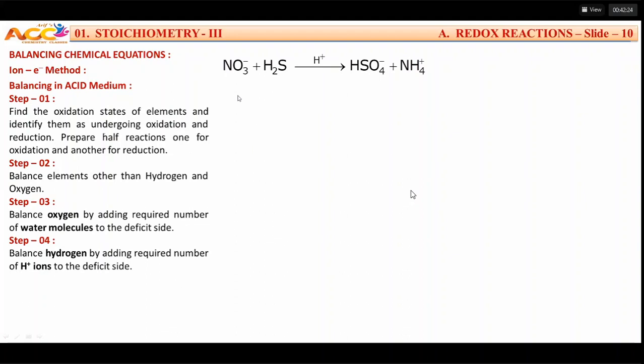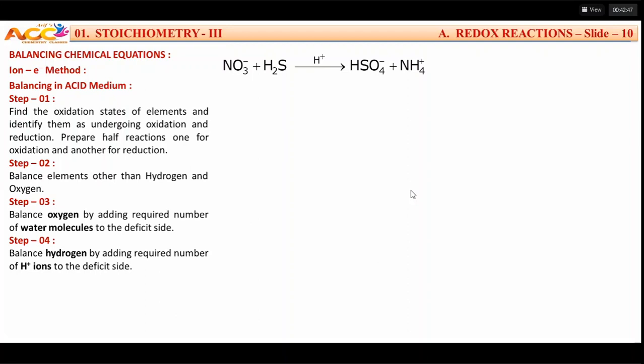No, sir. It should be charge balanced also. No, learn a new thing in your life. A chemical equation is said to be balanced if it obeys the law of conservation of mass and the law of conservation of charge. Remember, in the universe not only mass is conserved, you cannot create mass, you cannot destroy mass.